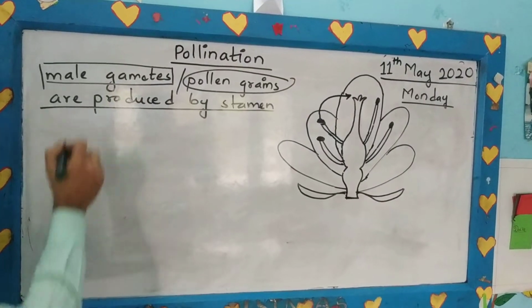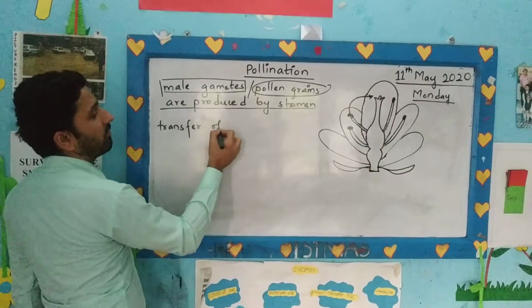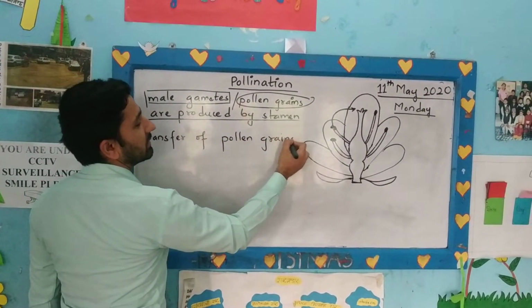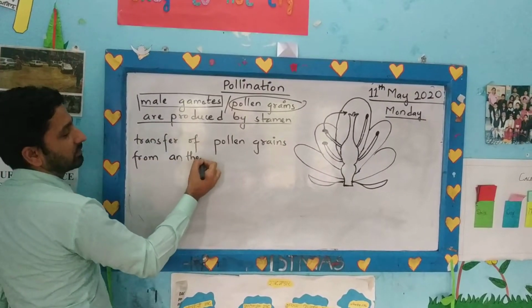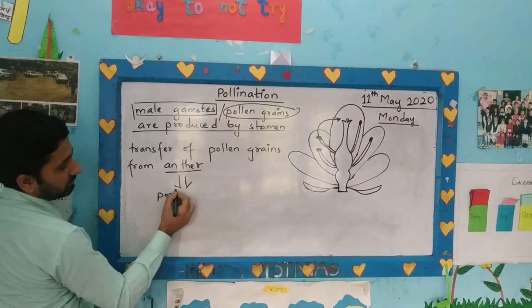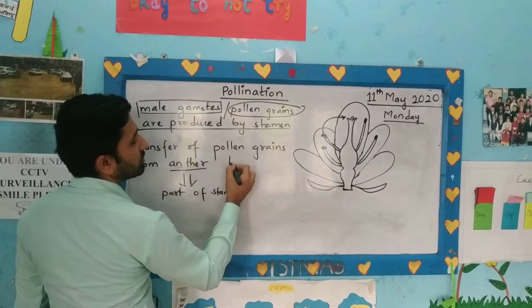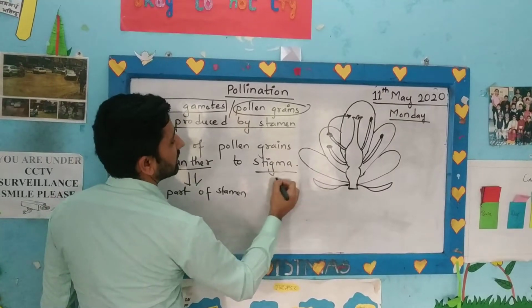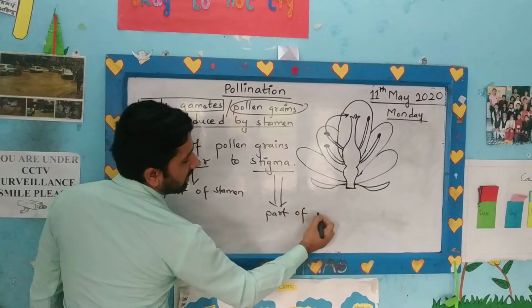or carpel. Now, transfer of pollen grains from anther, this is a part of stamen, to stigma, this is a part of carpel.